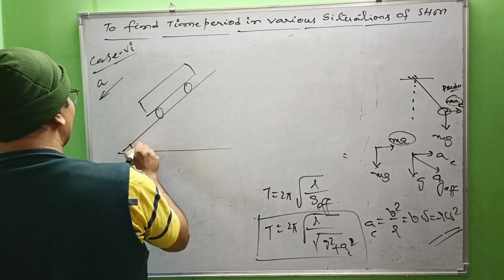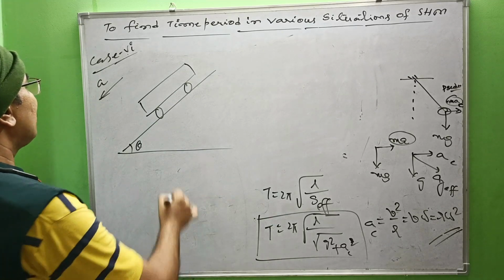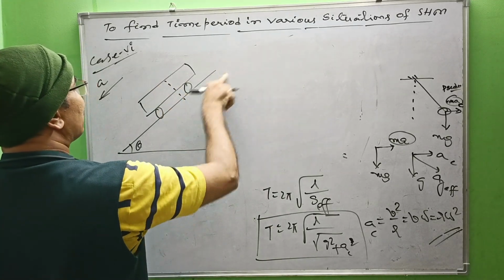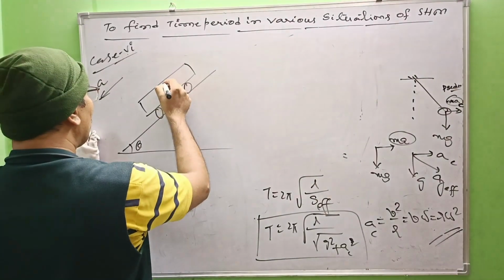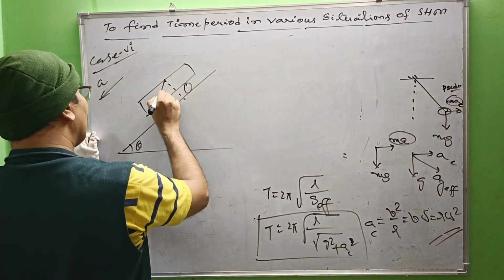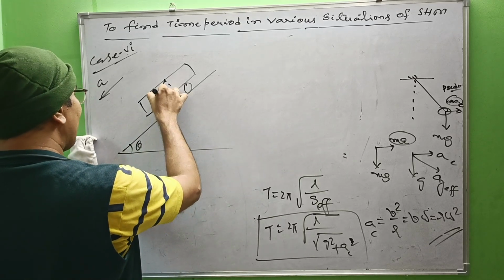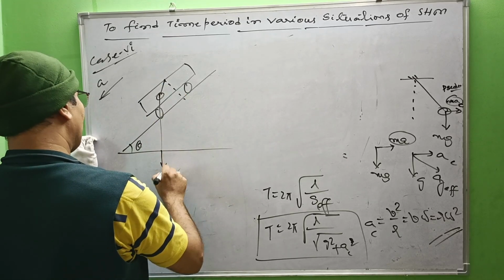What is the angle of inclination of the inclined plane? Theta. Here, see, this is the normal drawn to the surface of the inclined plane. Now this is the pendulum, and its weight mg acts vertically downwards like this.